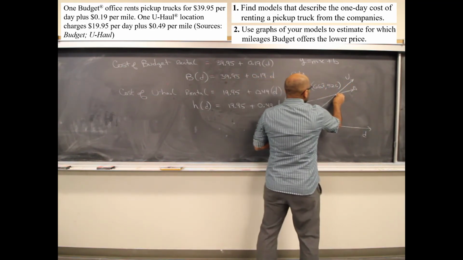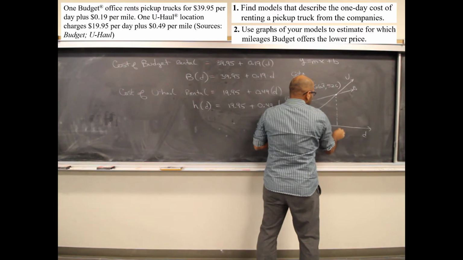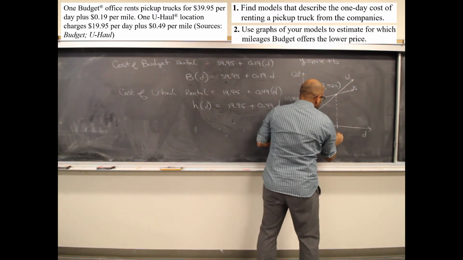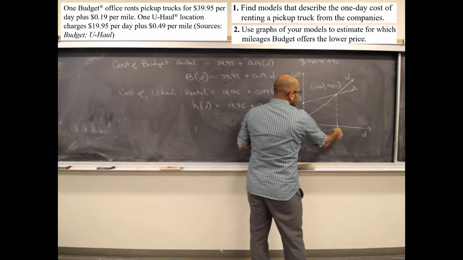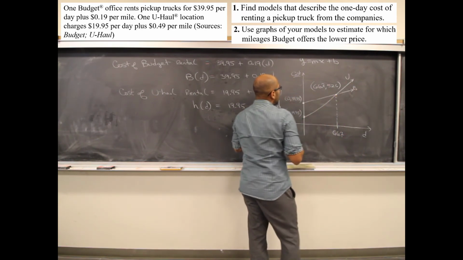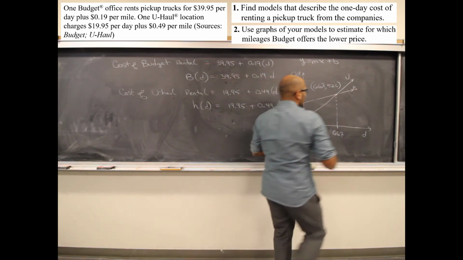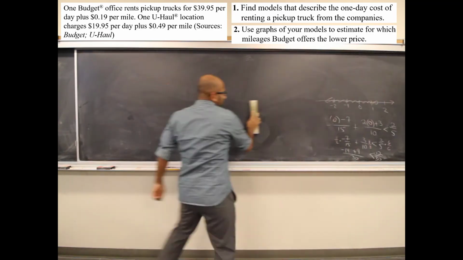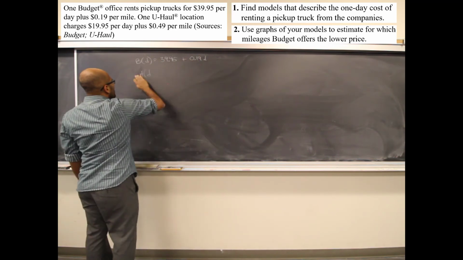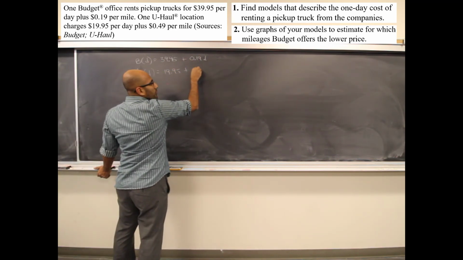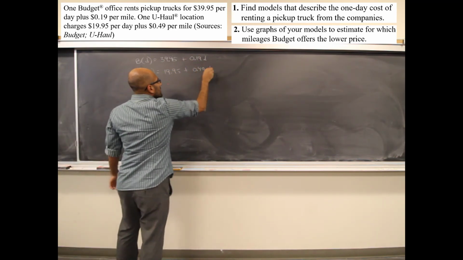So, to find this point right there, where they cross, we want to find out that this is 66.7. So there is some choice of D where it gives you the same cost for both of them. 0.49D.